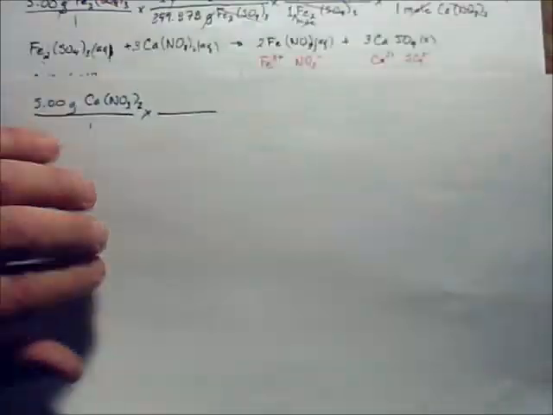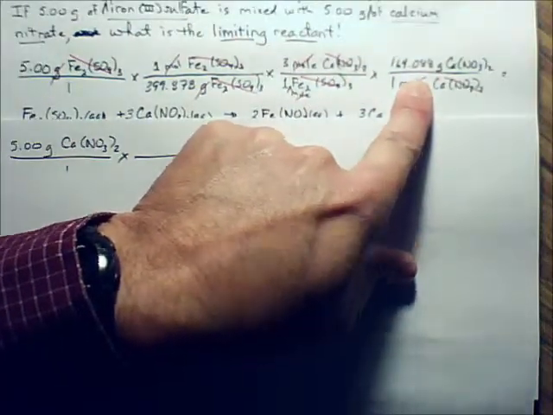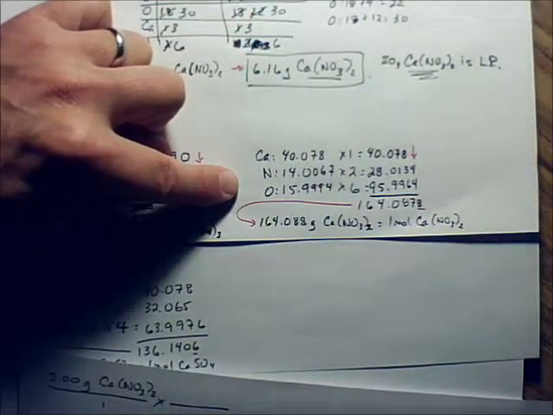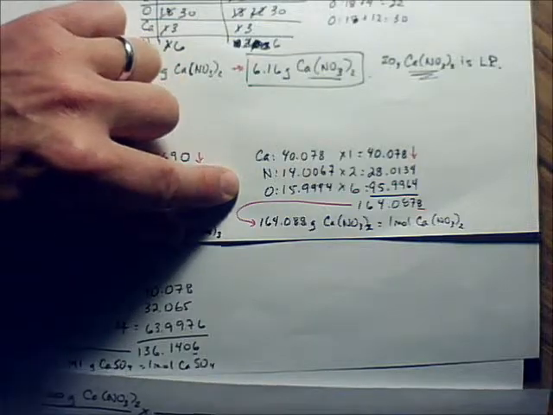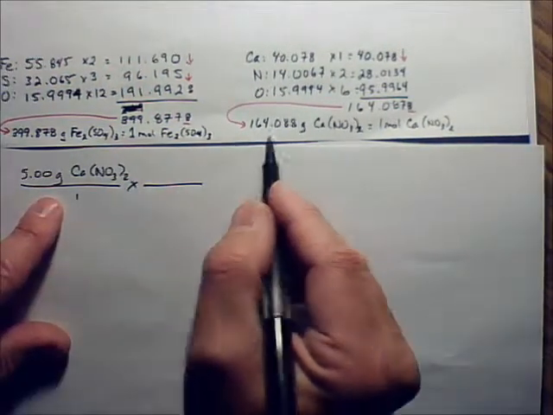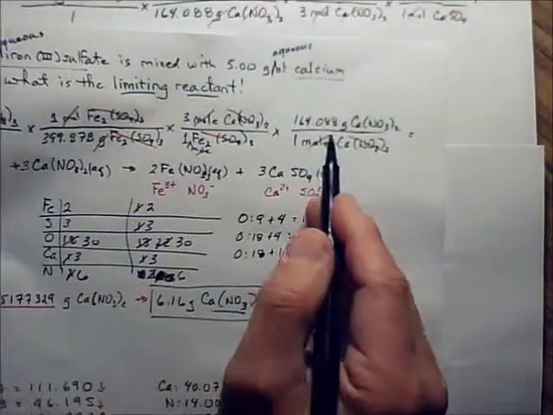Now, in this problem, we calculated the molar mass of calcium nitrate already. Right. Folks, pay attention. You don't need to calculate molar mass again if you've already done it. Okay? So we're going to use this molar mass to build a new conversion unit. But in this case, the mass is going to go on the bottom instead of how we put it on the top here.